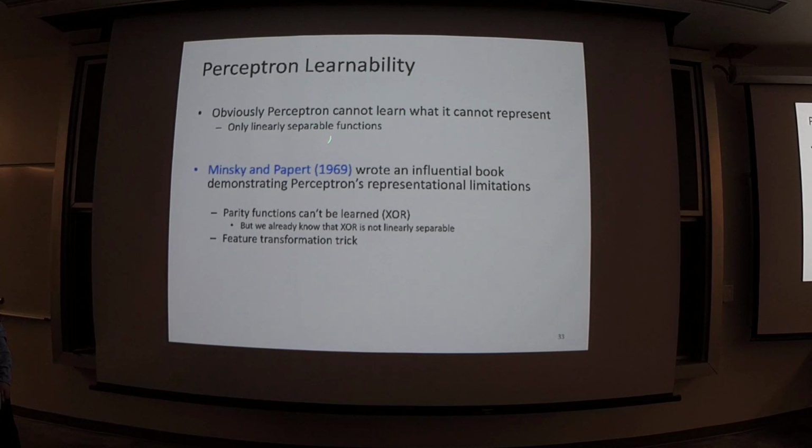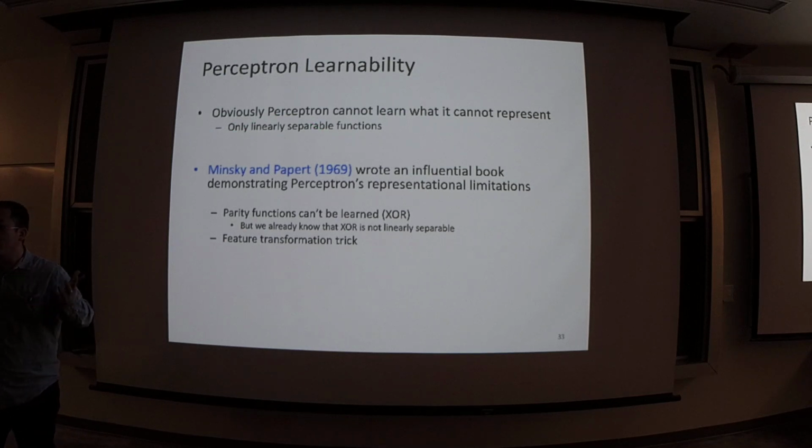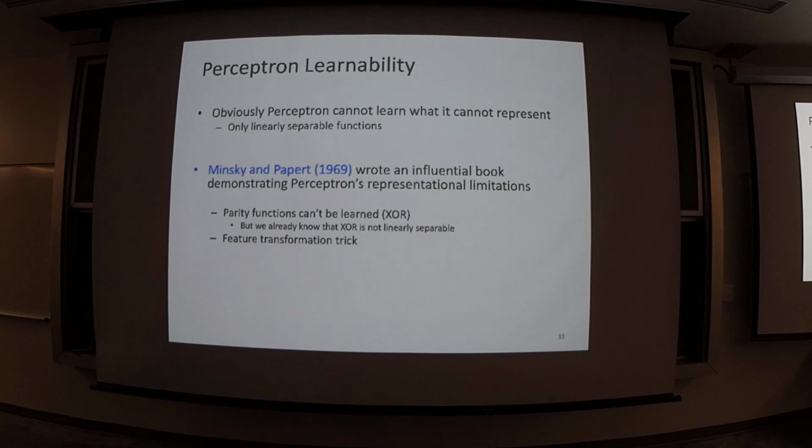It can only learn linearly separable functions. If the functions are not linearly separable, obviously the perceptron won't be able to give you a satisfactory result. And Minsky and Papert in 1969 wrote an influential book that demonstrates the perceptron's representational limitations.